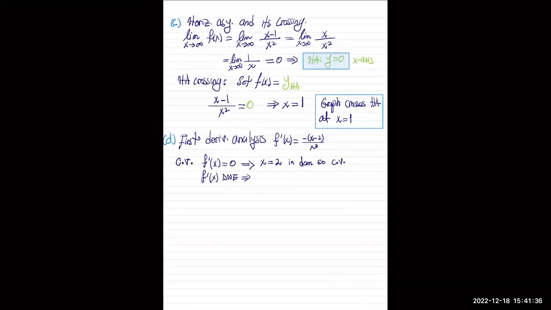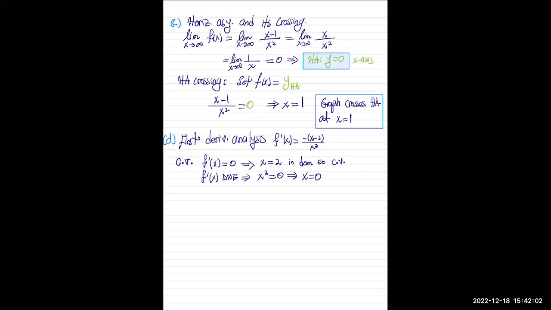Okay, so let's go back to the derivative. Derivative is that. Now, the derivative is 0 when x is 2, and it's in the domain, so that is a critical value. F prime does not exist when the bottom is 0, which gives us x equal to 0.